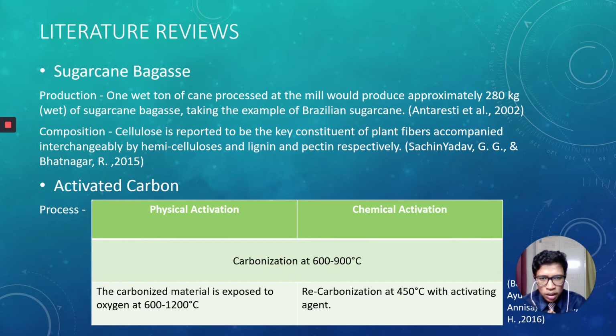This example is taken from Brazilian sugarcane. For the composition of sugarcane bagasse, the main material is cellulose, followed by hemicellulose and lignin, and lastly pectin.